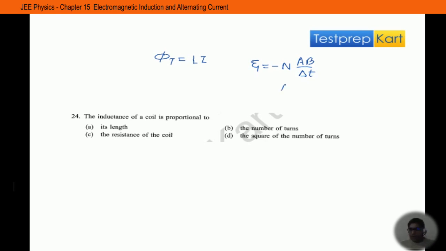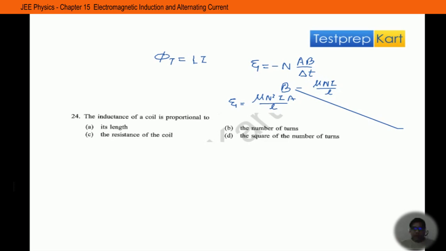We already know that B in any coil is equal to μ N I over l, where l is the length of the coil. So the EMF induced in this coil will be μ N² I into area upon Δl.